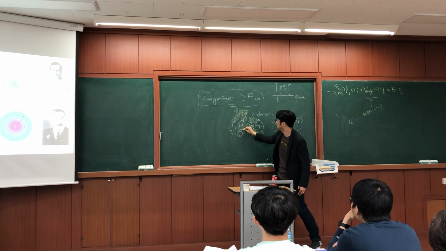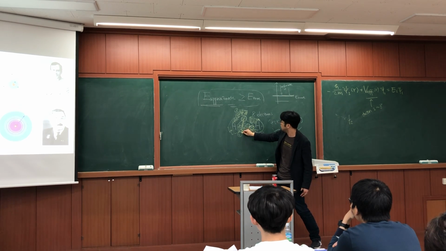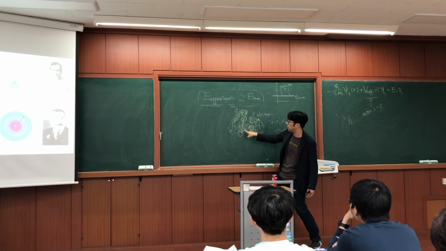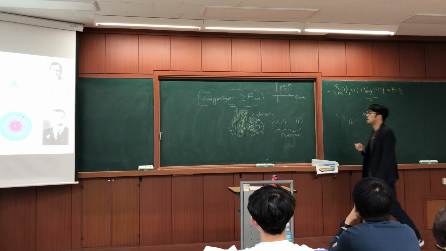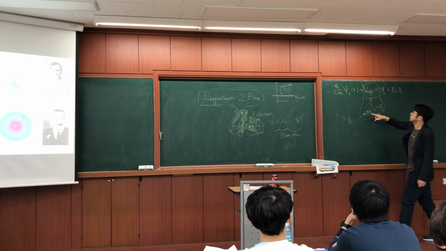So this electron will experience less attractive potential. And because of this, there is some repulsive interaction between this cloud and this electron, right? So the effect of all the other electrons is considered here.